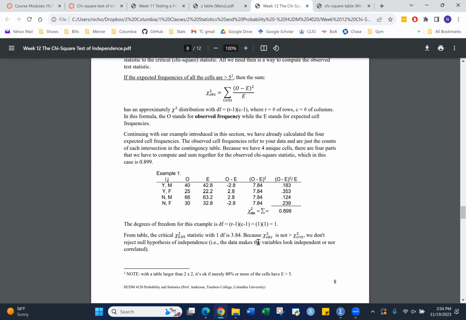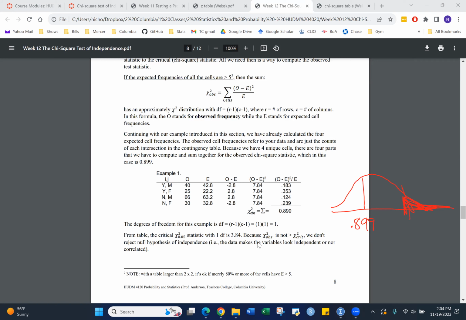In this case, if I were to draw a picture, let me draw this a little bit better. Our chi-square statistic is 0.899. The rejection region starts at 3.84.